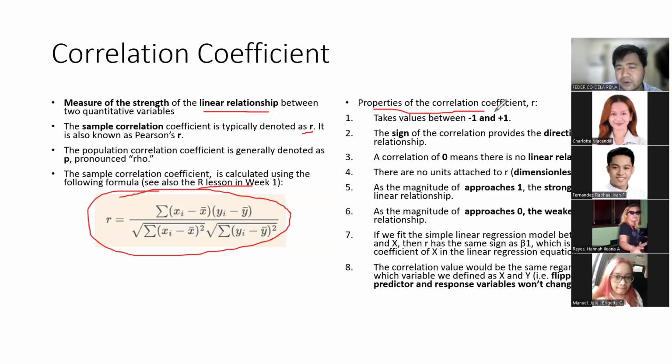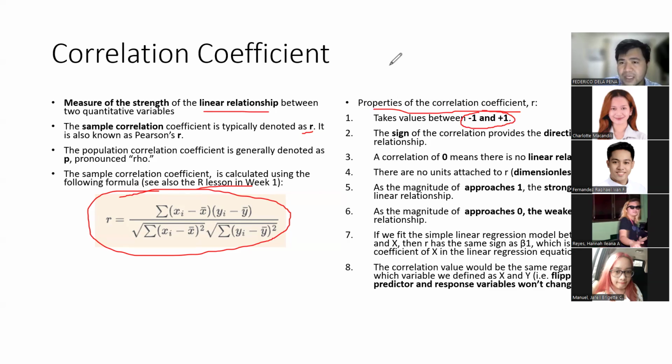And the properties of the correlation coefficient: again, the values will take place anywhere between -1 and +1. The sign of the correlation will tell you the direction of the relationship. If it's positive, then they're going in the same direction. If it's negative, they are going in the opposite direction. But either way, a negative or positive relationship is still a relationship.